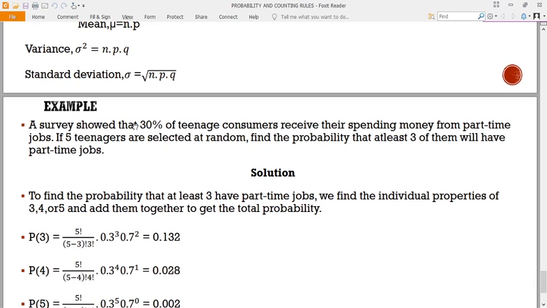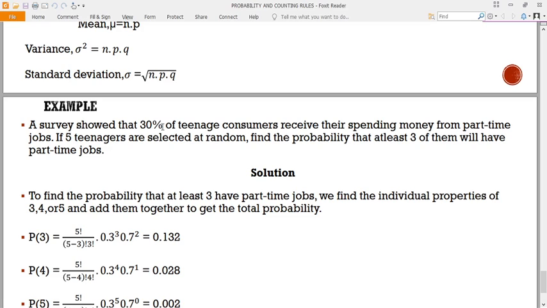But now in the same statement, they have expressed to us that 30% of the teenage consumers receive their spending money from part-time jobs, meaning our probability of success is 30% or 0.3 if I'm to express it as a decimal. So our P is going to be 0.3. And remember, Q is the failure.